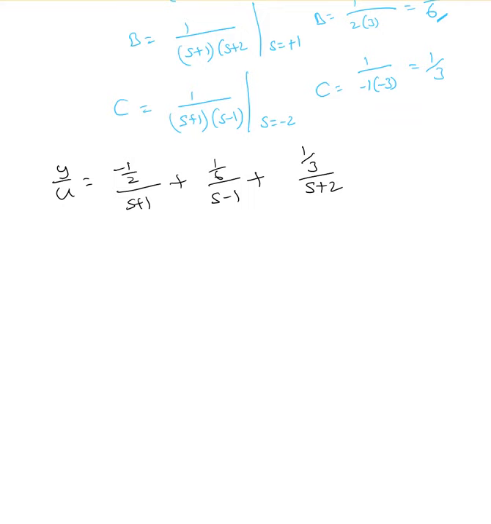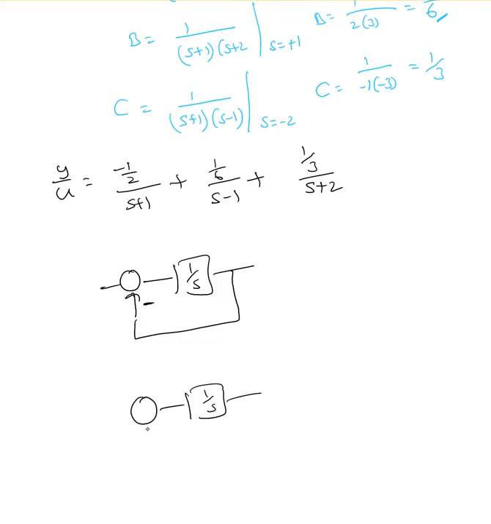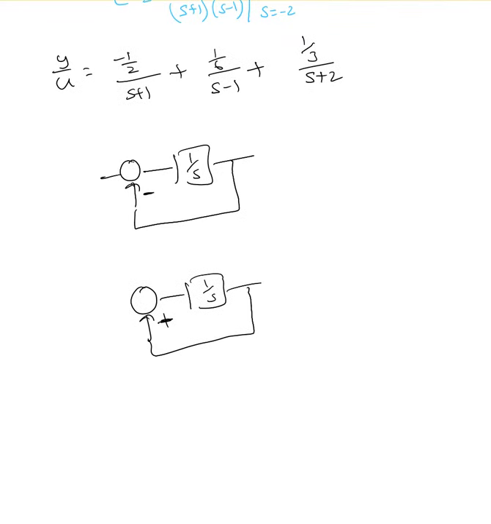One important point: if I have plus 1 here, this is going to be minus in the feedback. So this is for 1 over s plus 1. Same way for 1 over s minus 1, since I have minus there, this is going to be plus there. And then 1 over s plus 2.